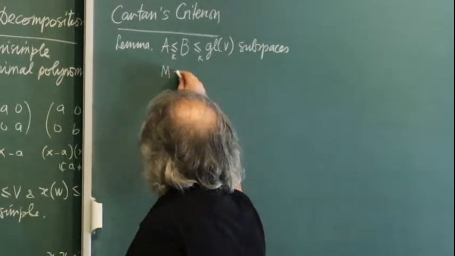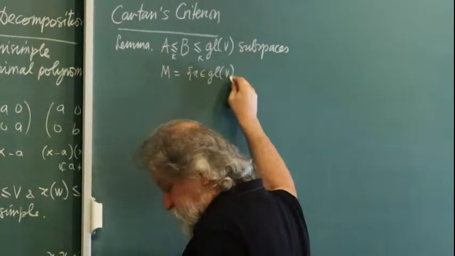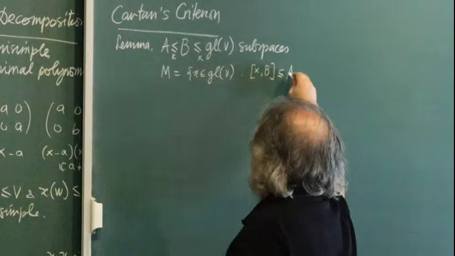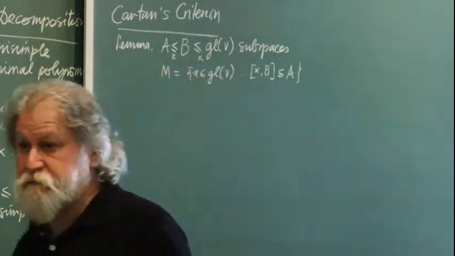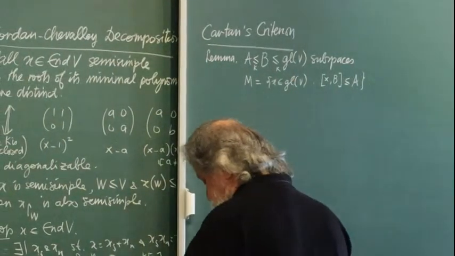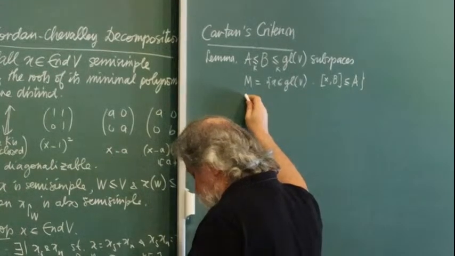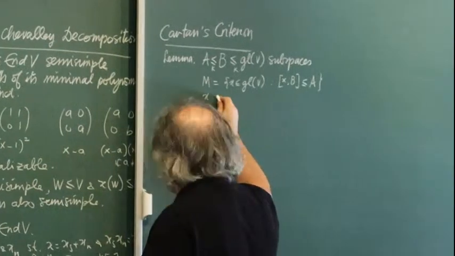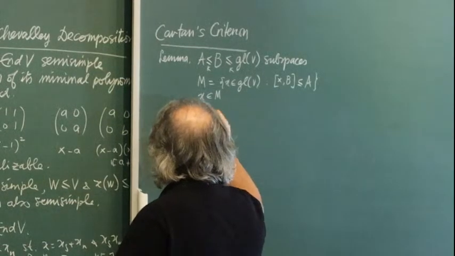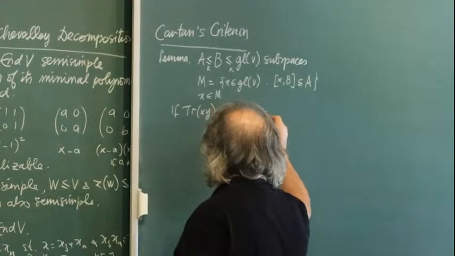M is equal to the set of X in GL(V) such that ad X takes B inside A. So you can repeat this again. Suppose X is in M. Then if trace of XY is equal to 0 for all Y in M, then X is nilpotent.